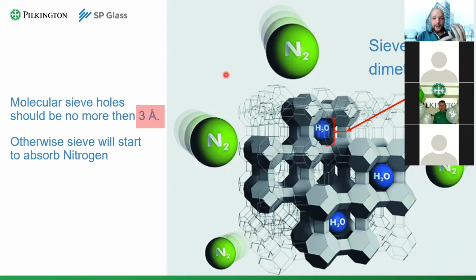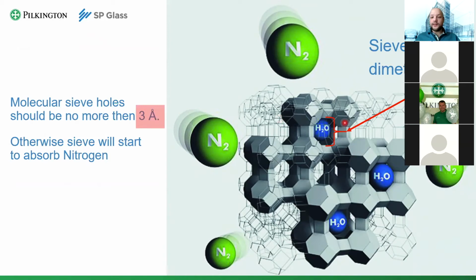For other gases like argon, nitrogen, oxygen, the diameter of their molecules is about 4 angstrom, so more than 3. So what happens? If the water molecule comes to this big round piece of molecular sieve, it sees the holes, it can get through the hole inside of the molecular sieve, and there it is basically lost in the never-ending labyrinth.